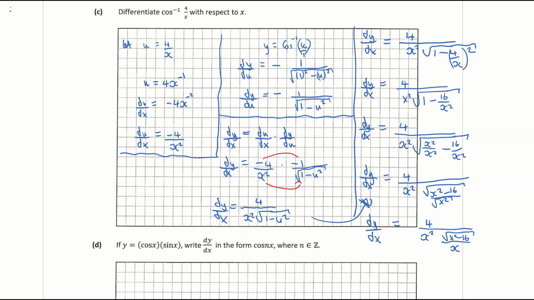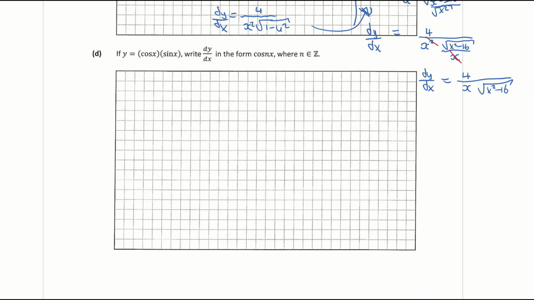I'm then going to cancel off this x with one of these two, which will leave me with dy/dx is equal to 4 over x times the square root of x squared minus 16. Okay, I think I'll leave it there. That's as far as I can go. So hopefully that makes a little bit of sense. Bit of work in that one.